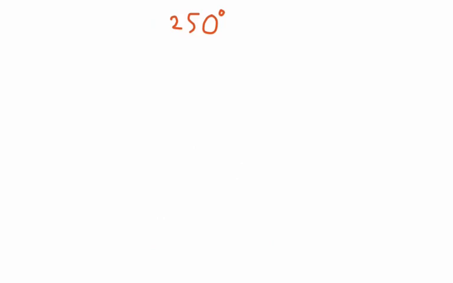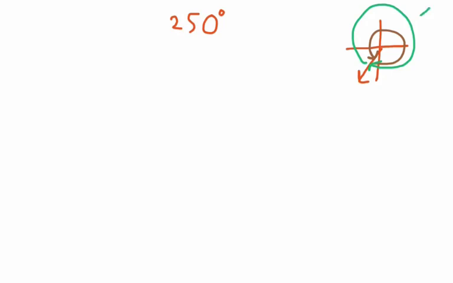When we're doing something that's coterminal, that means an angle that's going to wind up in the same spot. So 250 degrees is right there, and whether I go counterclockwise or clockwise, you wind up in the same place.